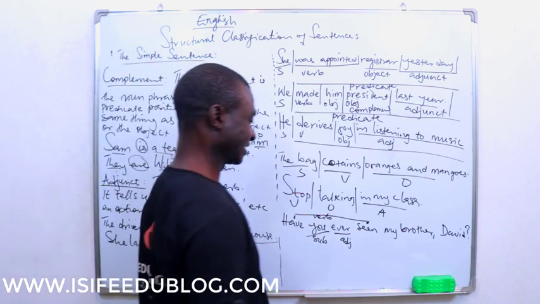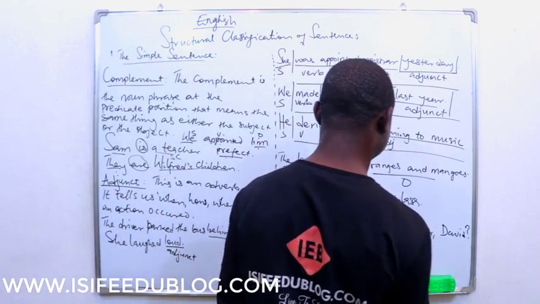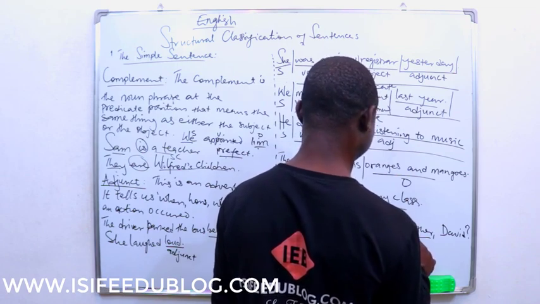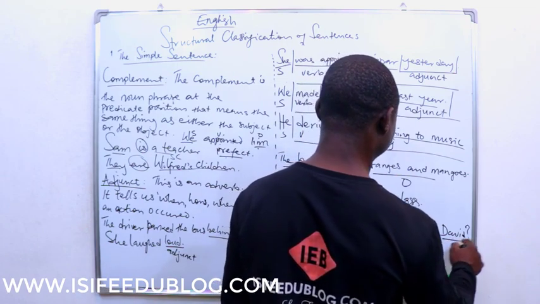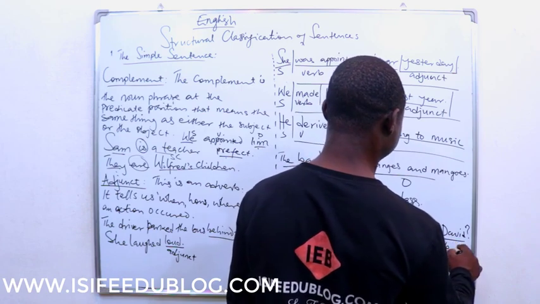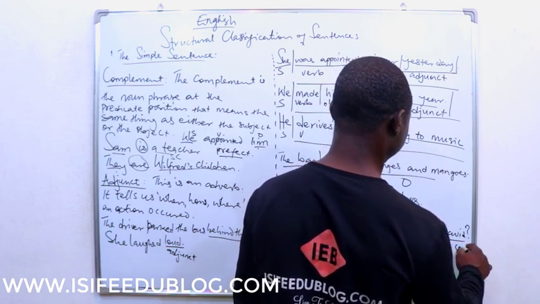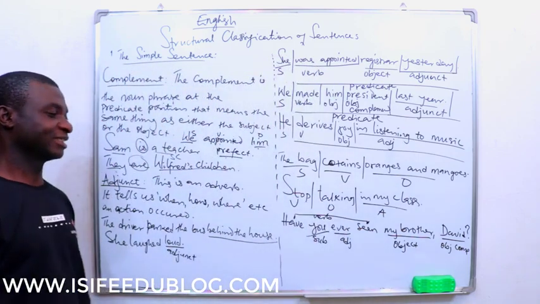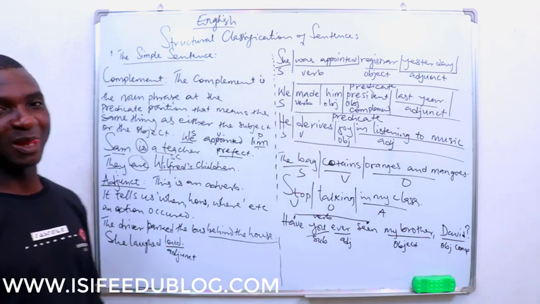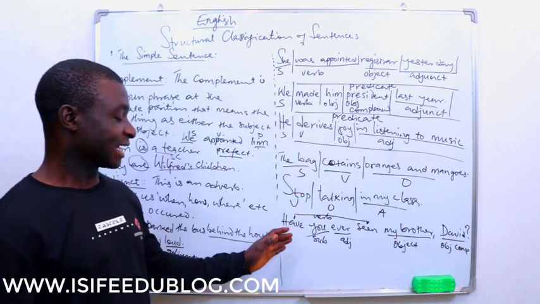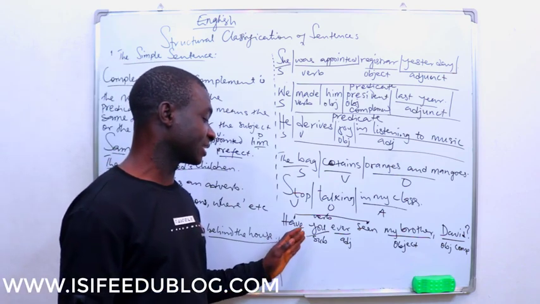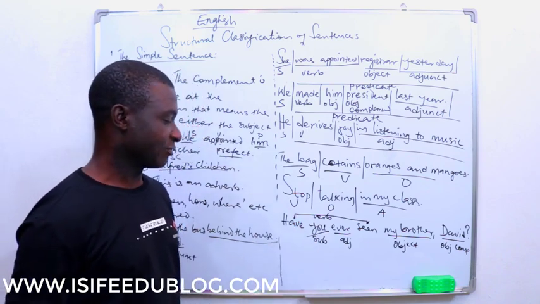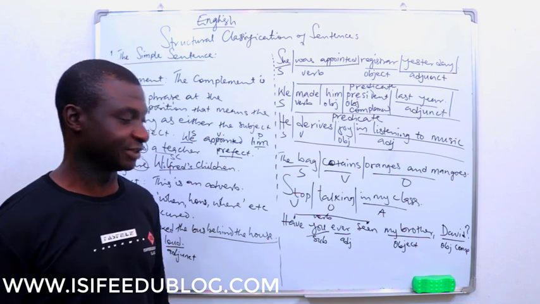Ever is an adjunct. My brother is the object. And David is object complement. You may call it noun phrase in apposition, no problem. It's object complement. Alright? So, again, we have a sentence that contains all the parts of the simple sentence in one. Have you ever seen my brother David?